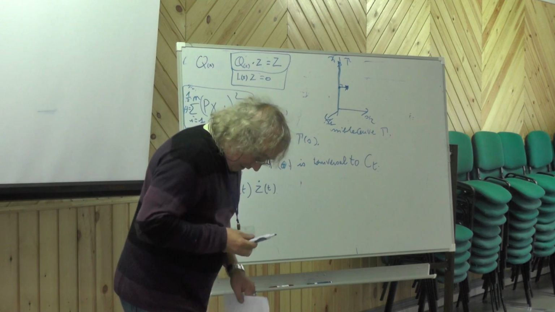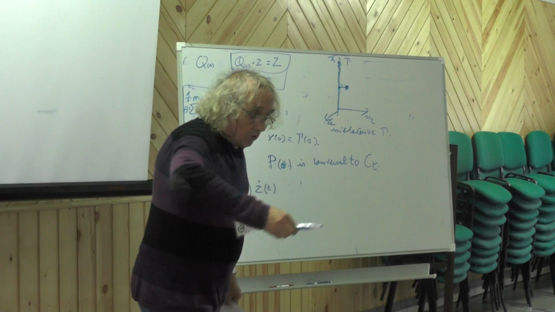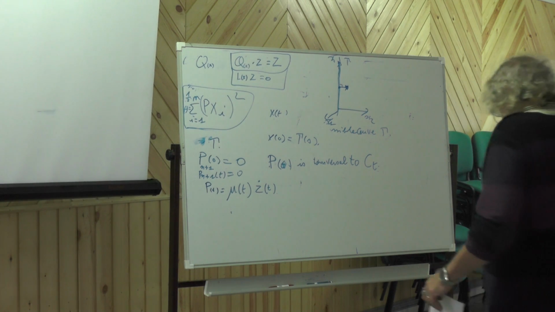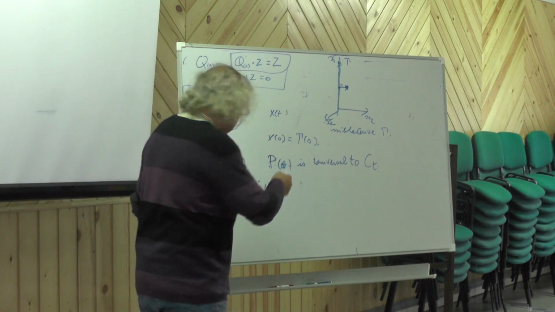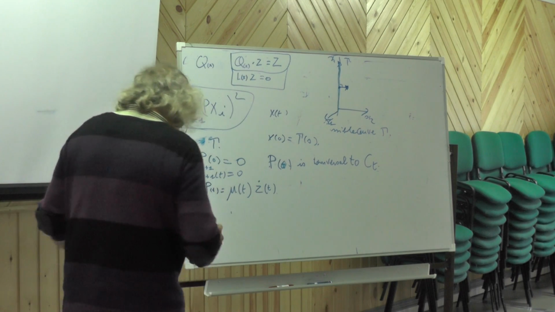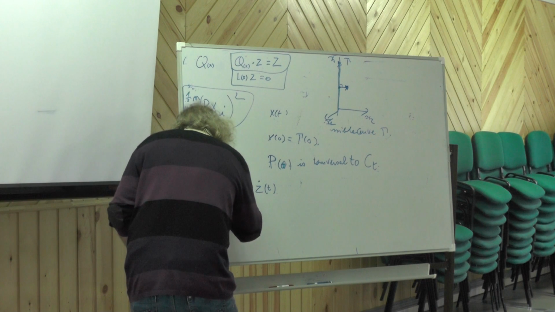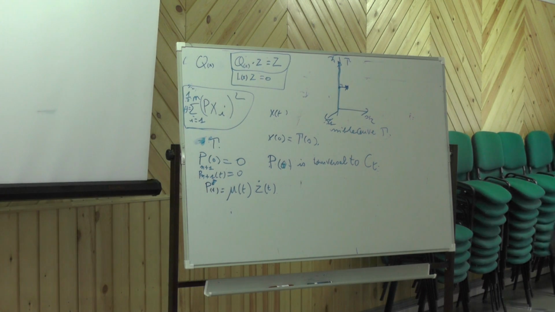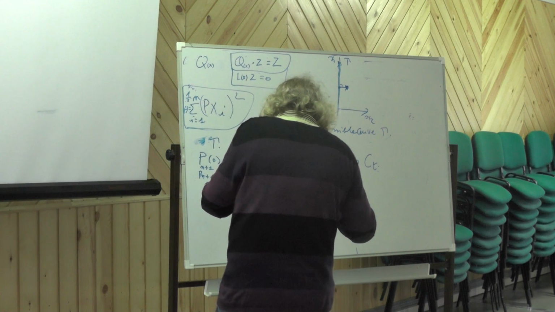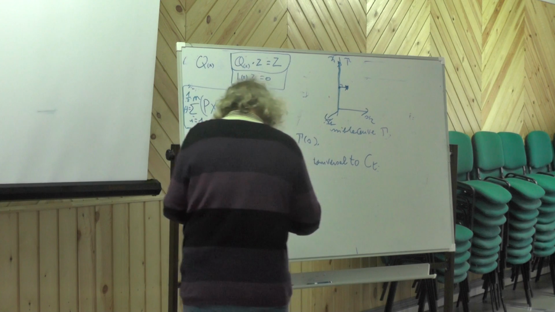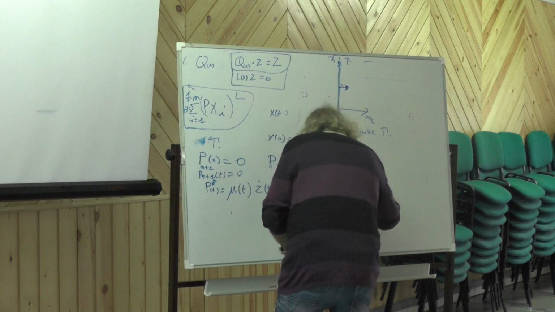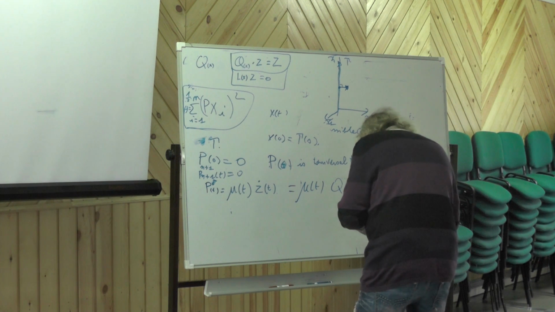And if you want your geodesics to be straight lines, they have to be collinear to this vector, to the velocity. Then p is equal to mu z dot. Sorry, not p, but p transpose, because p was in the cotangent bundle and I am working in coordinates. If I want to write a vector, I have to consider p transpose equal to mu of t z dot of t, and also this is equal to mu of t q.